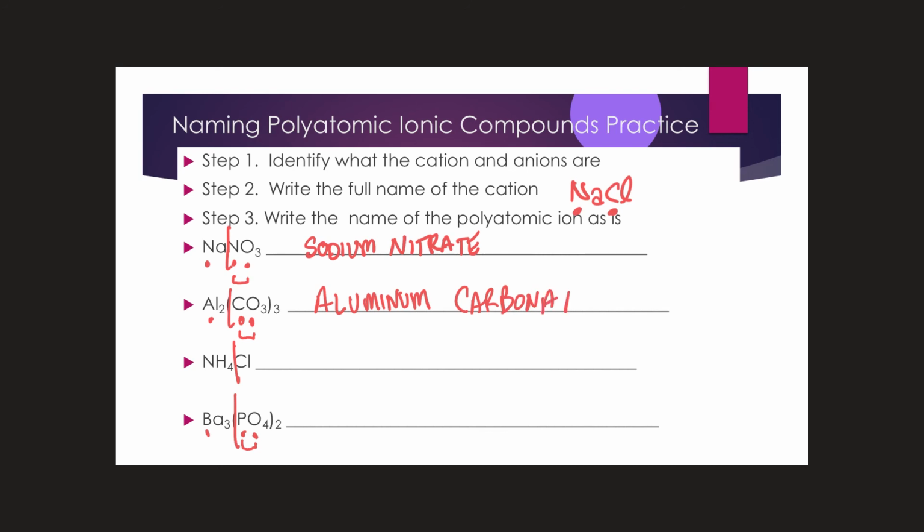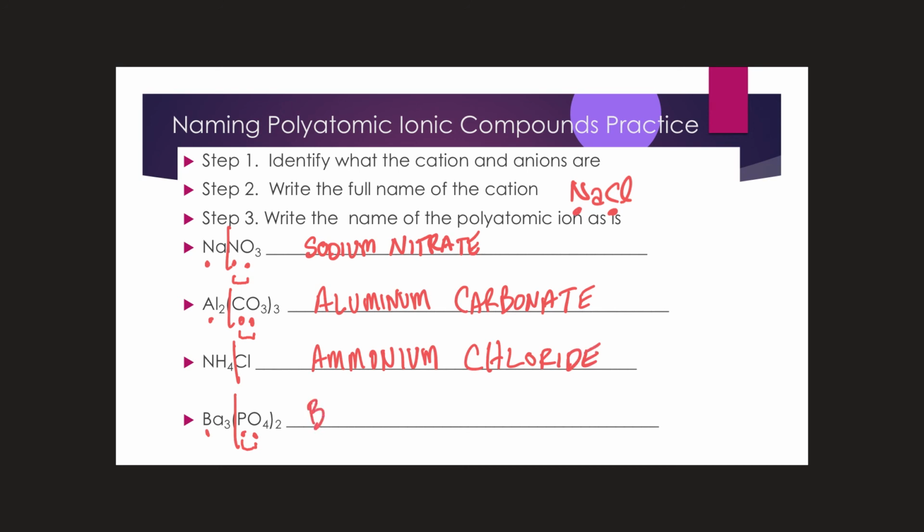Remember, I'm not writing the ide, I'm just writing whatever the name is. And then here, NH4 is the ammonium ion, and then we just write chloride. Remember, it's not chlorate, because chloride is Cl.